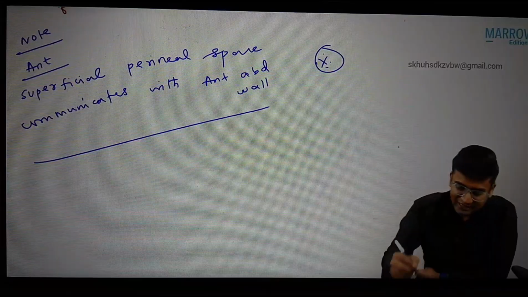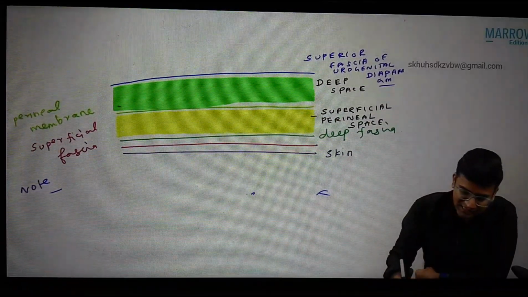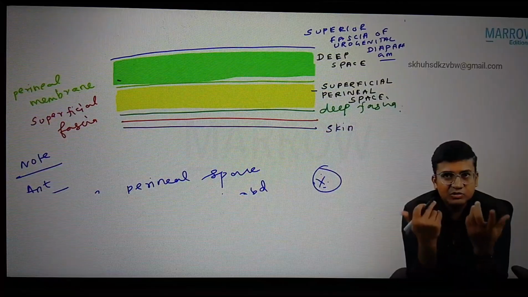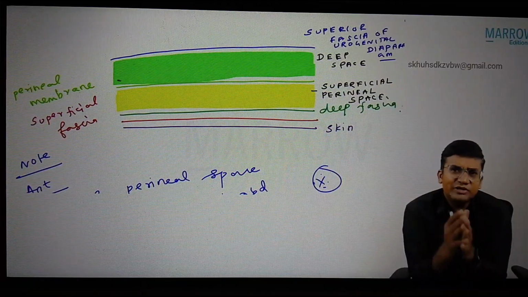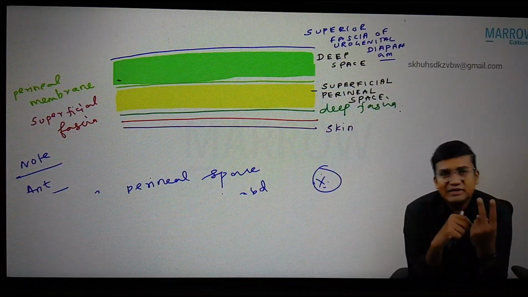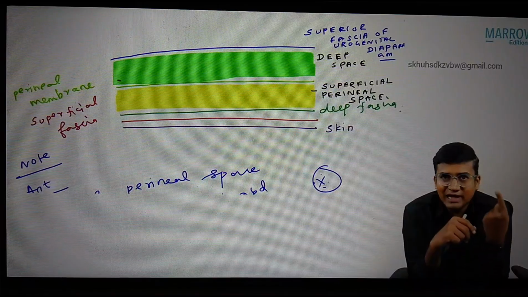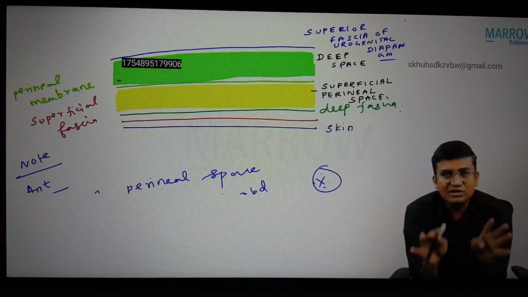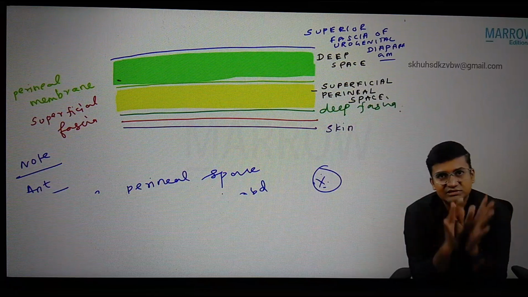Now we're going to add contents. In males, only one opening is present: the urethral opening. In females, two openings: urethral opening and vaginal opening. The female urethra does not have any subdivisions.